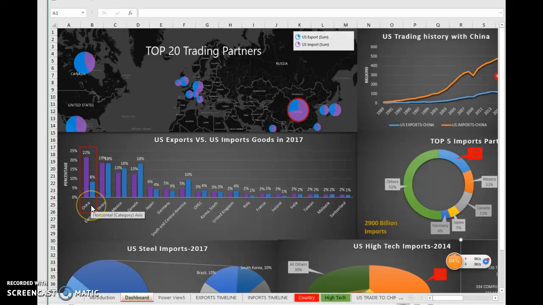As we can see from here, China contributes 22% of imports, but only contributes to 8% of exports of US. That's the reason why Trump wants to issue the tariff. However, for the European Union, Mexico, Canada, the imports and exports are much more similar, or sometimes, for example Mexico, the US exports are even bigger than imports.